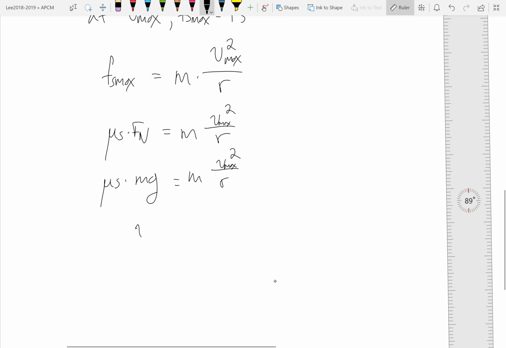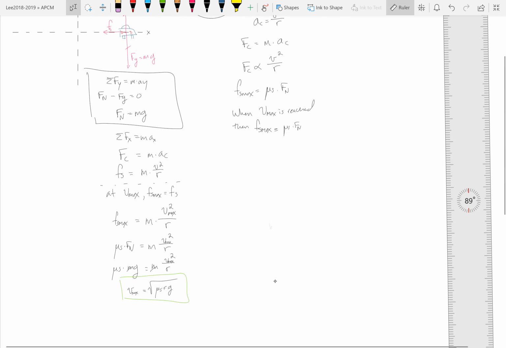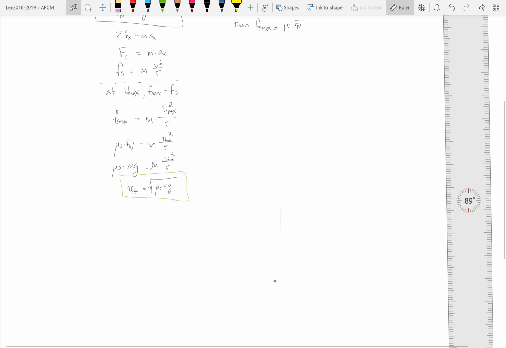I'm going to solve for v, so v maximum for the flat roadway with friction is going to be the square root of mu s r g. There's my maximum speed on a flat roadway. Okay, so we're going to box that, just keep that as an idea to compare to other stuff.